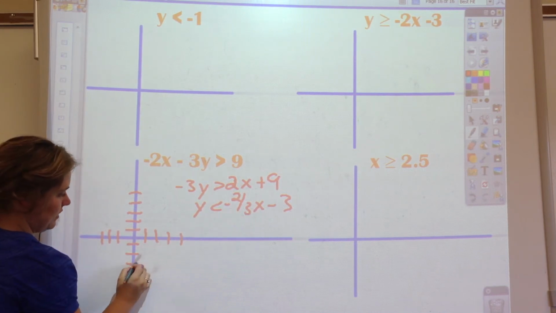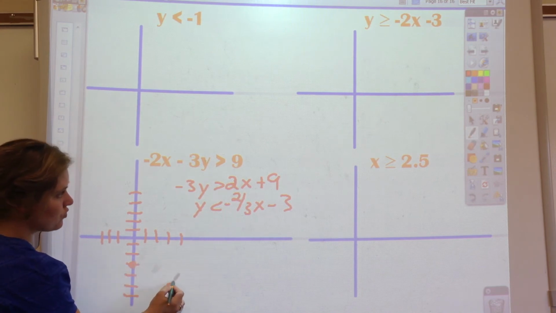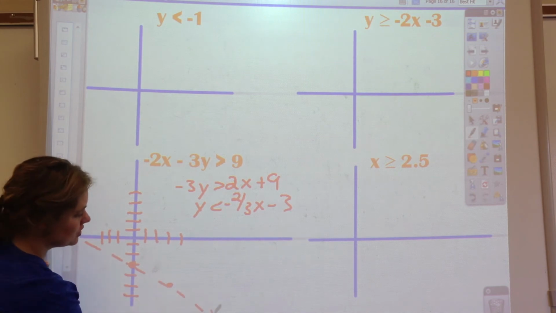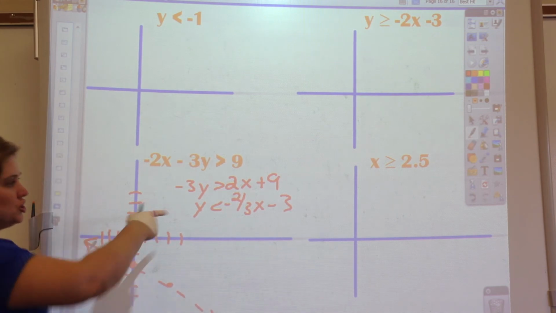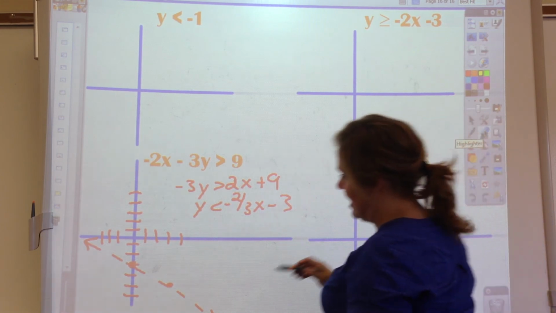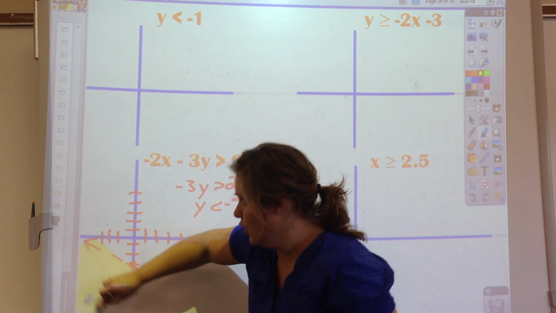I'm going to start at -3. My slope is negative. I go down 2 and over 3. It's not equal to it, so my line is dashed. And I'm looking to shade the values of y that are less than that line. That means I would need to shade below.